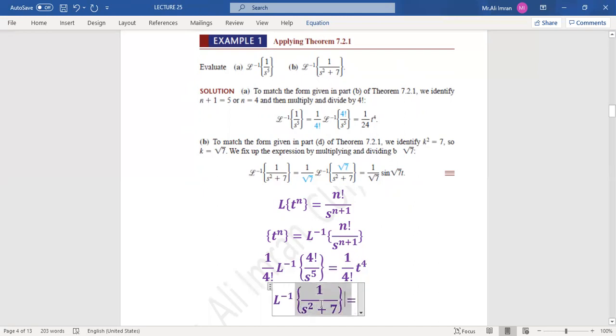This is related to the inverse Laplace of sine of kt.